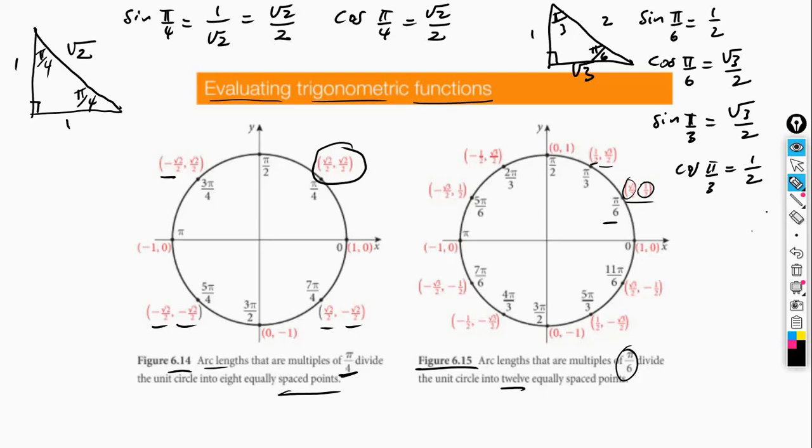So notice that in the second quadrant, where cosine is negative, we have basically the same as here, but with negative 1/2 for the cosine of 2 pi thirds. And likewise, notice that 5 pi over 6 is very similar to pi over 6, but now the cosine is negative.